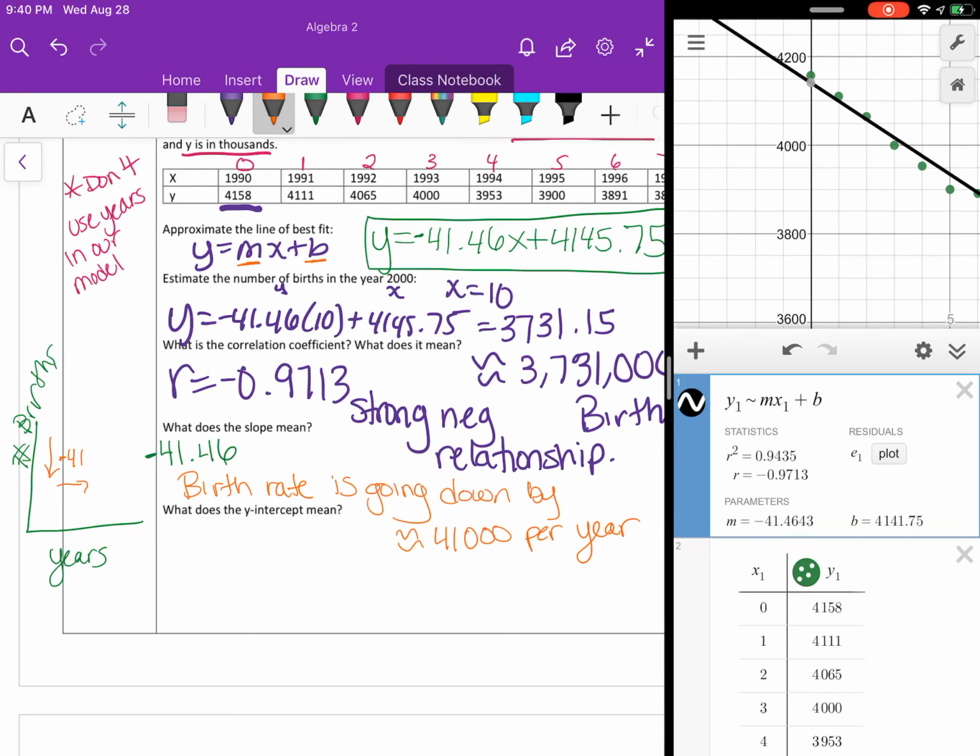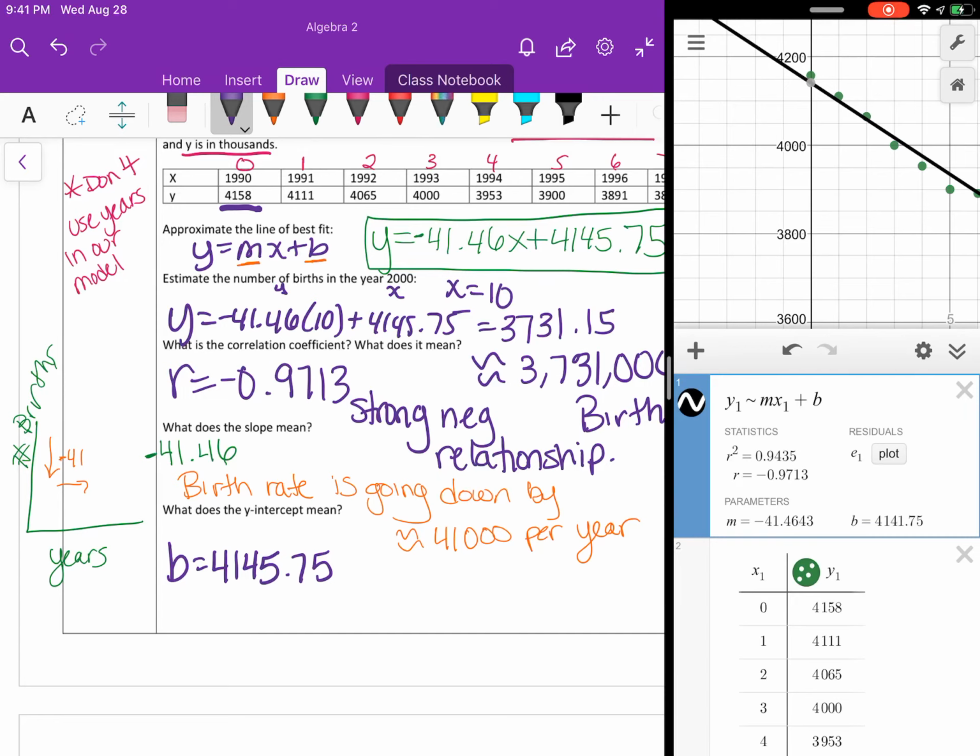What does the y-intercept mean? So the y-intercept, based off of our model, is b equals 4145.75. So, I'm sorry, that tells us at year 0, so the y-intercept is always the starting value.